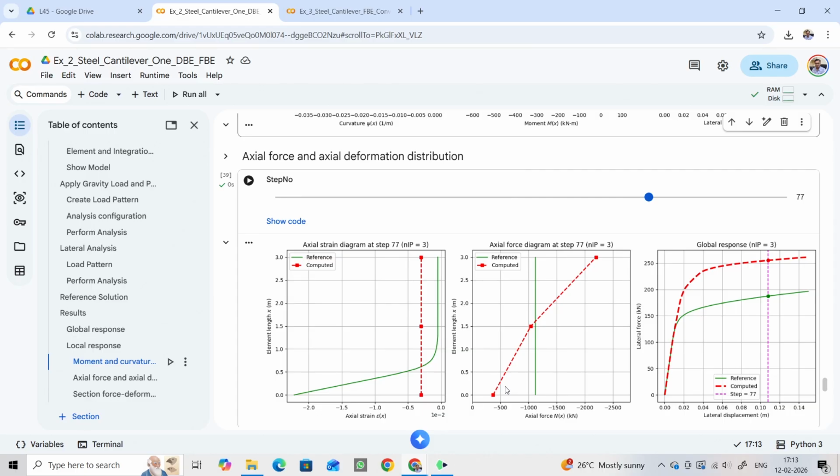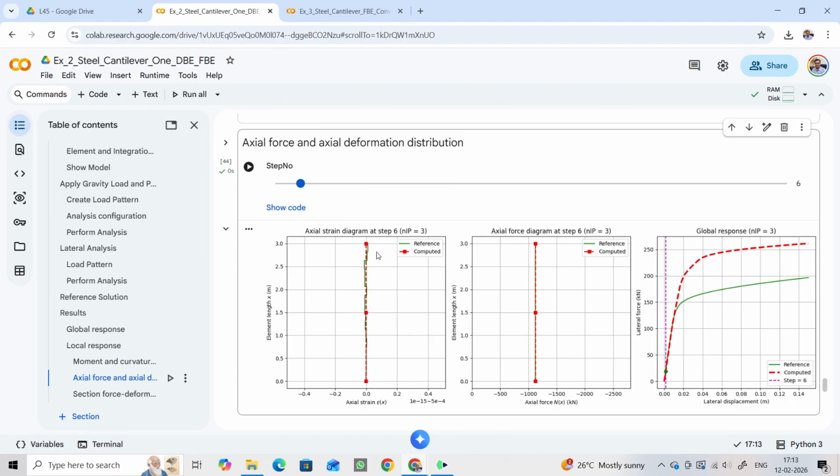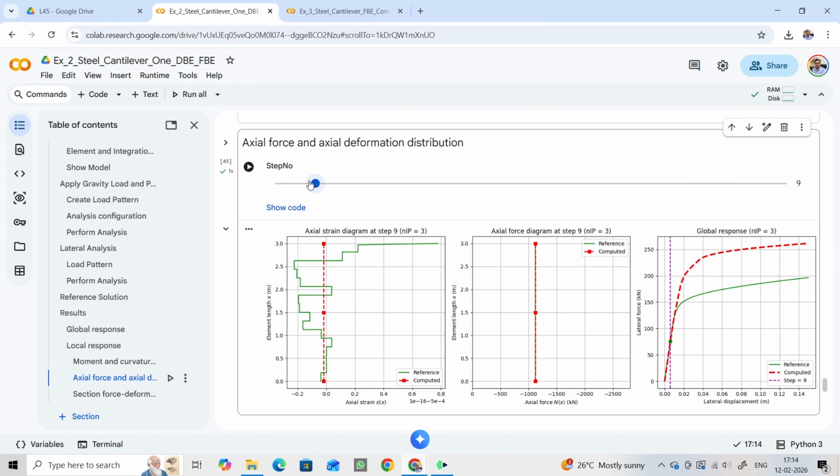Because if you recall, in displacement based element, the equilibrium is satisfied in an integration sense. So, it is a manifestation of weak equilibrium. Okay? Again the same response I am showing here, but if you go to elastic conditions, you can see then the match is quite well. Okay? That is I have already shown that earlier.